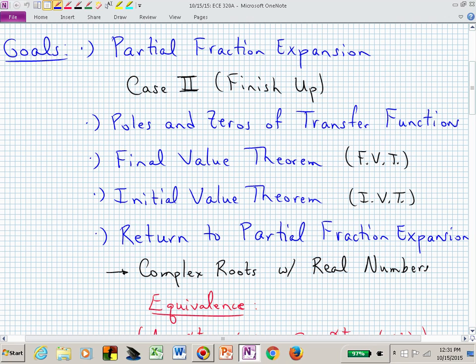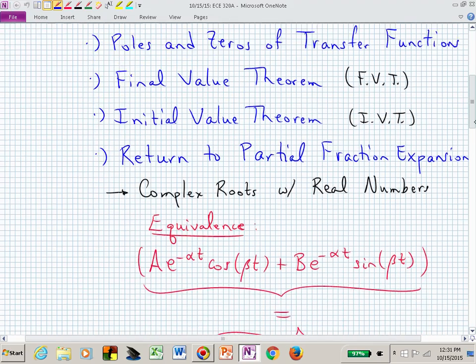Then we will jump into poles and zeros of transfer functions and look at the final value theorem and the initial value theorem. Those theorems are useful because they allow you to not have to inverse Laplace transform in order to find some of these limiting values.